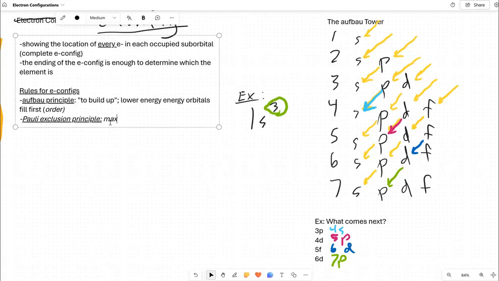This is all about max of 2 electrons per suborbital. Realize if you feel like we're breaking something because we're saying P's have 6 and D's have 10, realize this is per shape of suborbital, right? So there's only one S shape, so that you can only truly hold 2 there. So breaking the Pauli exclusion principle, we went over the cap.